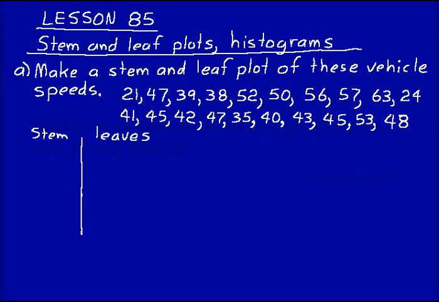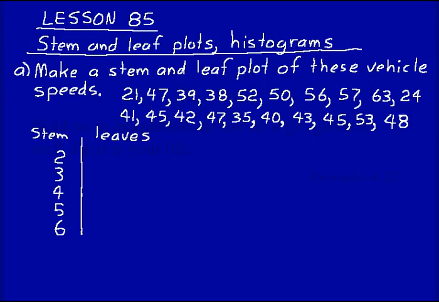Just a quick glance through the numbers, we have 2, 3, 4, 5, and 6 as our stems. Now if those were 3-digit numbers, we'd use the first 2 digits as our stems. But we just have 2-digit numbers, so we'll use our first digit as the stems. And the leaves are the second digits.